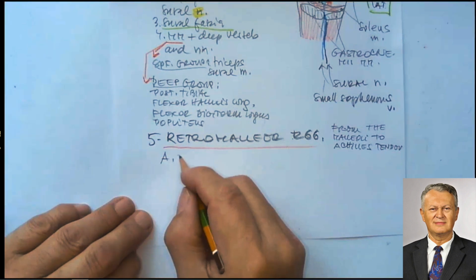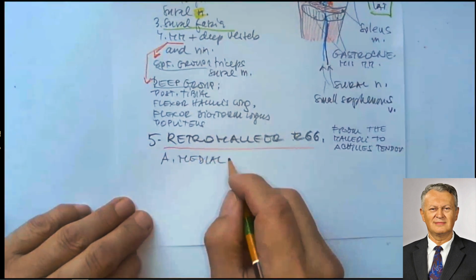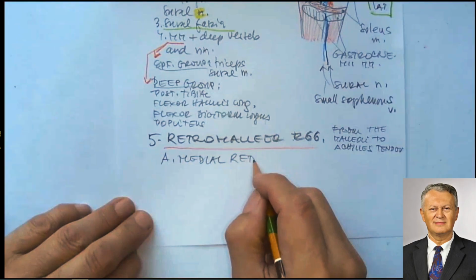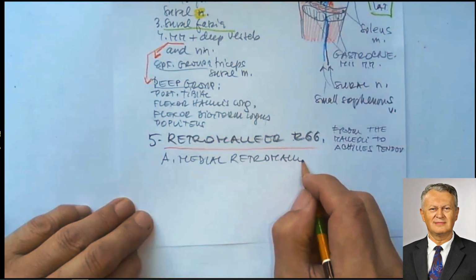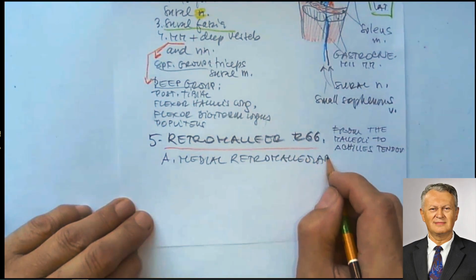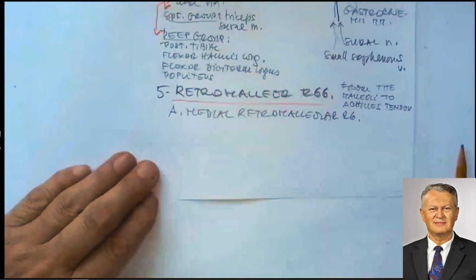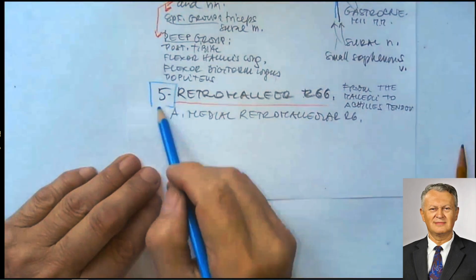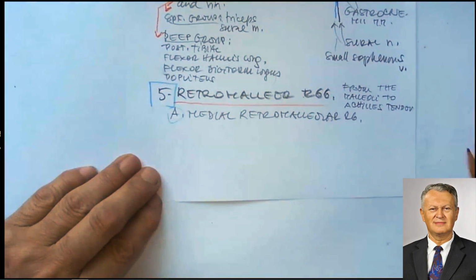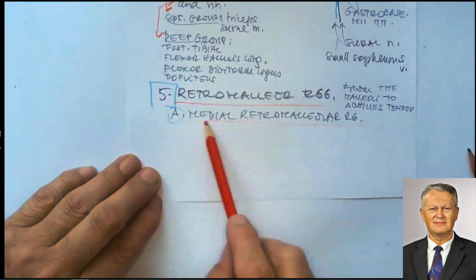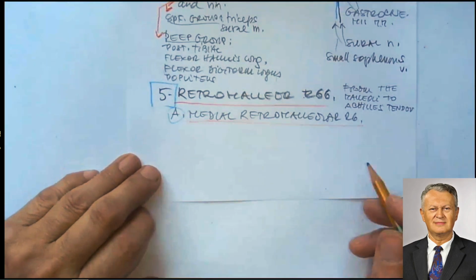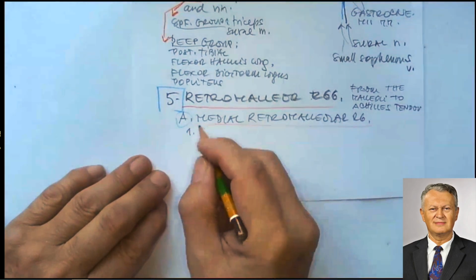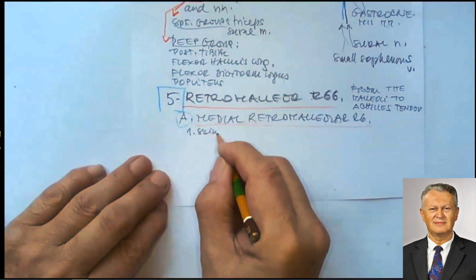The medial, more complicated, medial retromalleolar region. This medial retromalleolar region contains the following structures. Again, maybe that it could be bluish, also bluish, underlined by red. This is up to you. The medial region contains, as usually, the relatively thick skin.